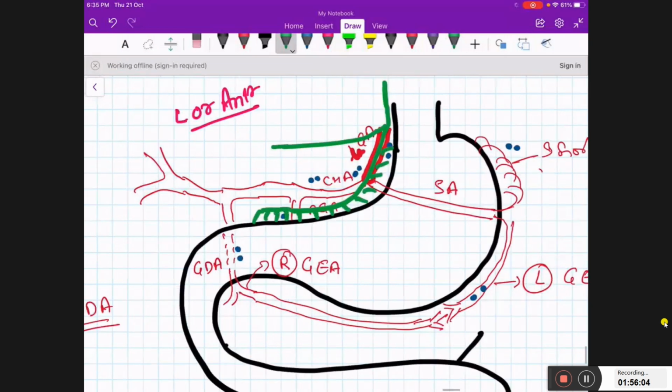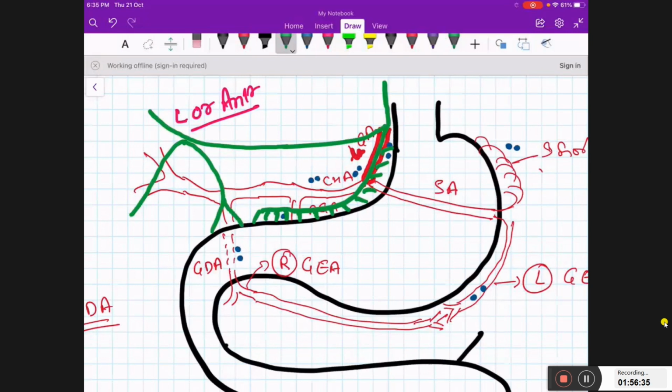The hepatic branch gives supply to the liver, to the gallbladder, and it also gives supply to the pylorus of the stomach like this.